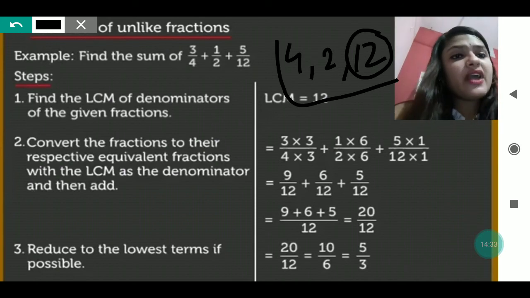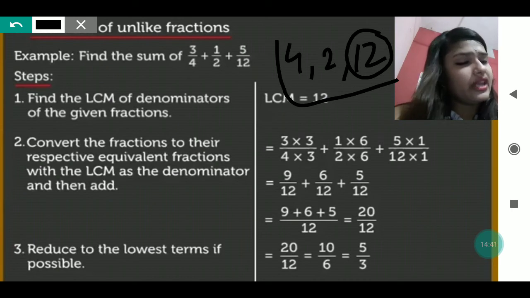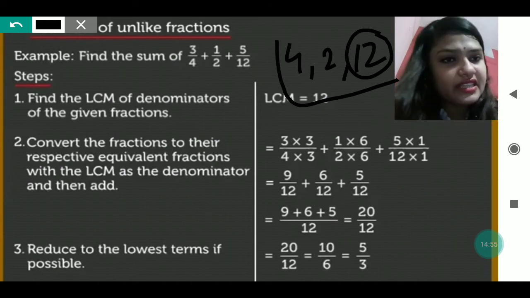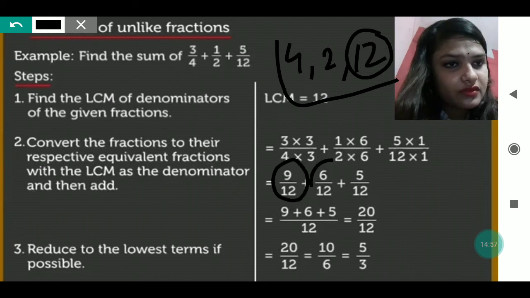So 3 by 4, with which number you will multiply, then you will get the denominator as 12? 4 3s are 12, then 3 3s are 9. In the same way, 2 6s are 12, 1 6s are 6. In the same way, 12 1s are 12, 5 1s are 5. So you can see it is written.